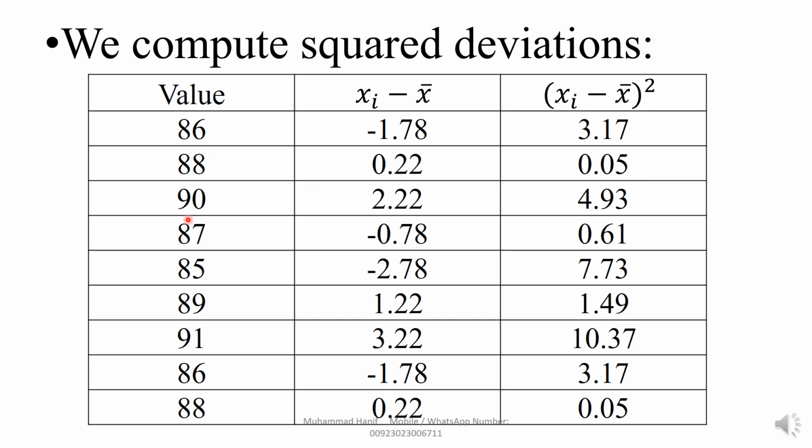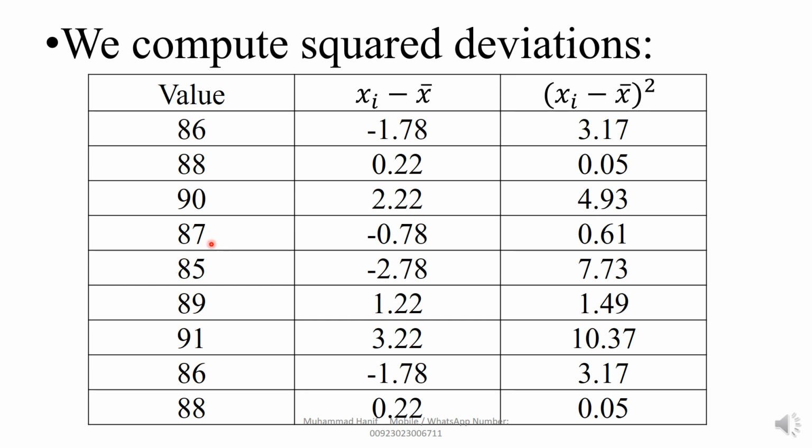Same process: 90 minus the mean of x, we get 2.22. Now the square means 2.22 multiplied by 2.22, we get 4.93.